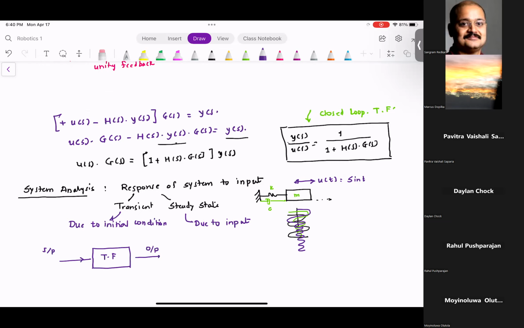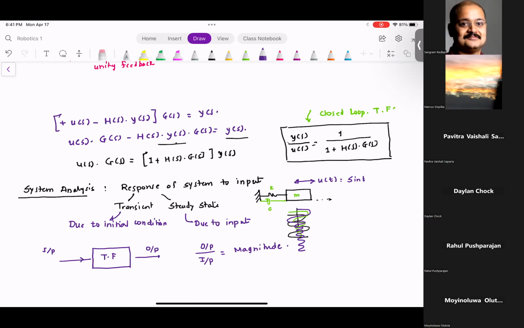You can find the ratio of output divided by input. This is called the magnitude. It tells whether the output is greater than the input or of the same order of magnitude as the input.